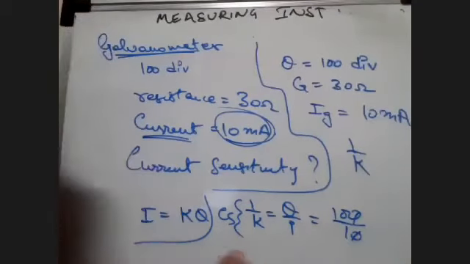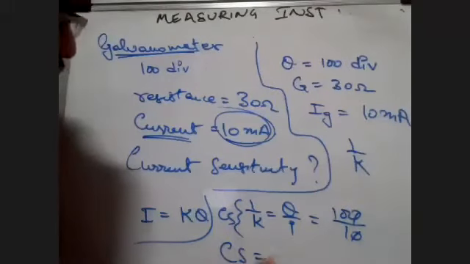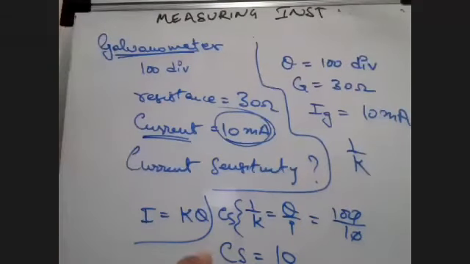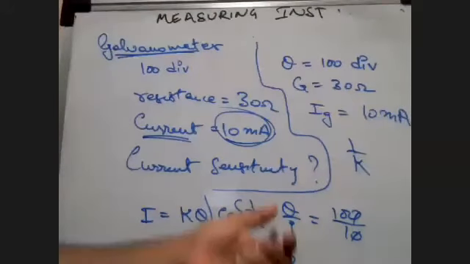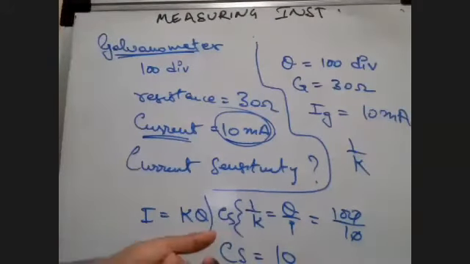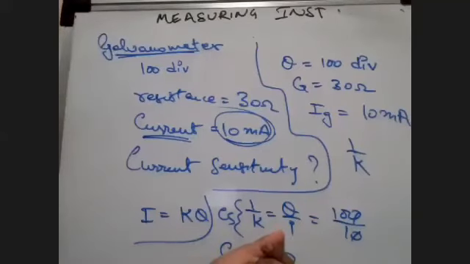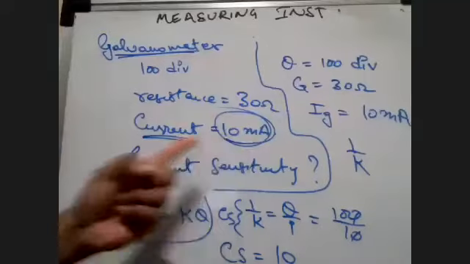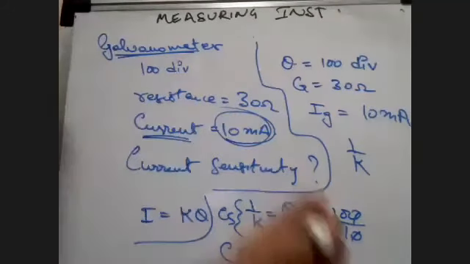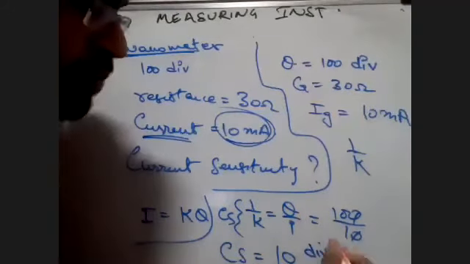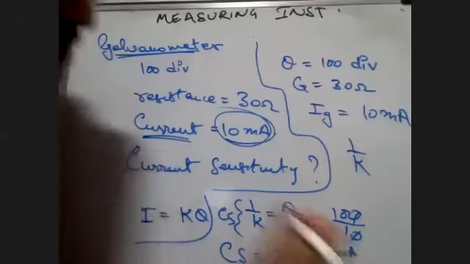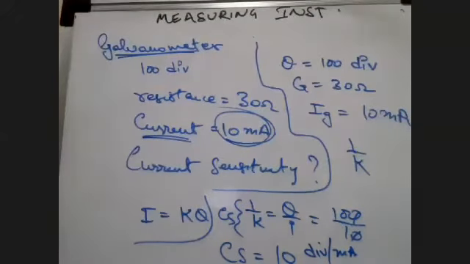So my current sensitivity is 10. But 10 what? 10 divisions per milliampere. Please look at the units here. Ig is given in milliampere, so the current sensitivity is 10 divisions per milliampere. That is important.